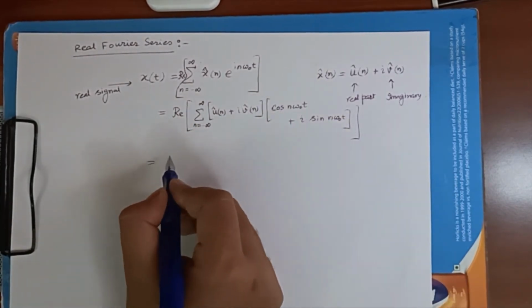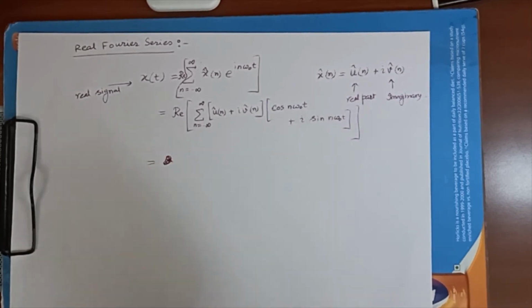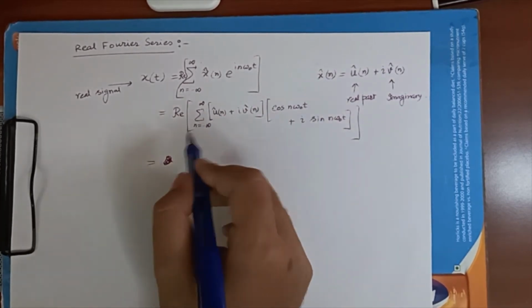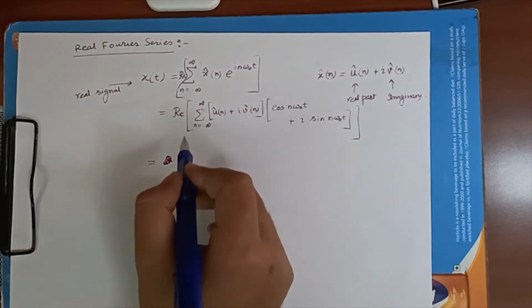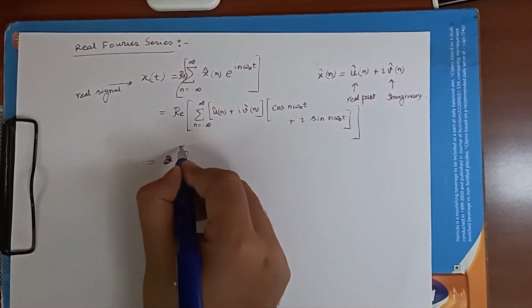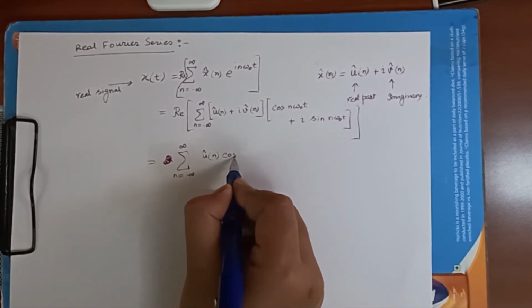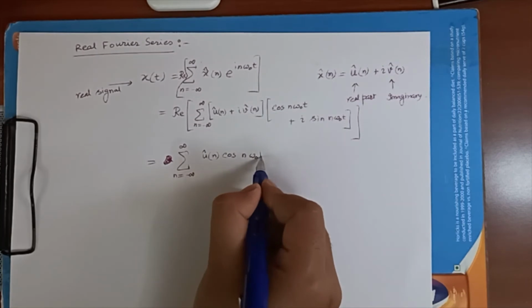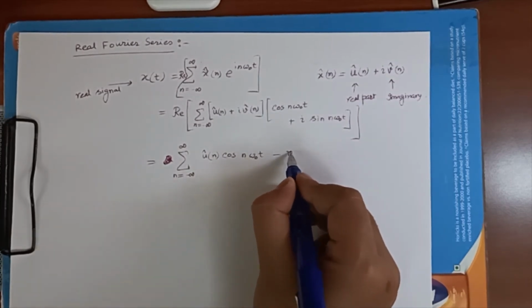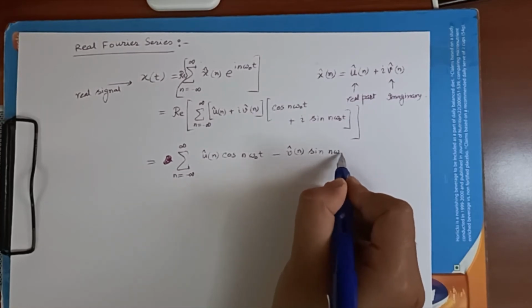Multiply, and I can write down straight away, taking only the real part and leaving the rest: sum n equal to minus infinity to infinity of u hat n cosine n omega 0 t minus v hat n sine n omega 0 t.